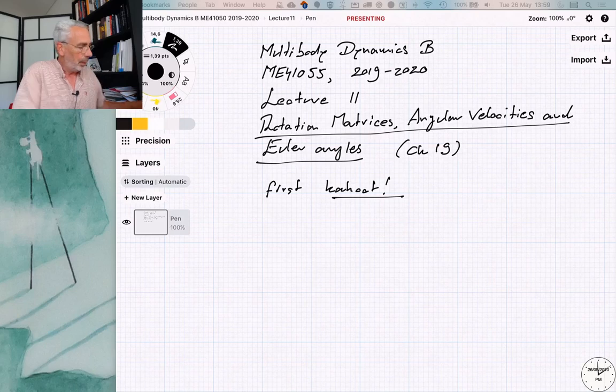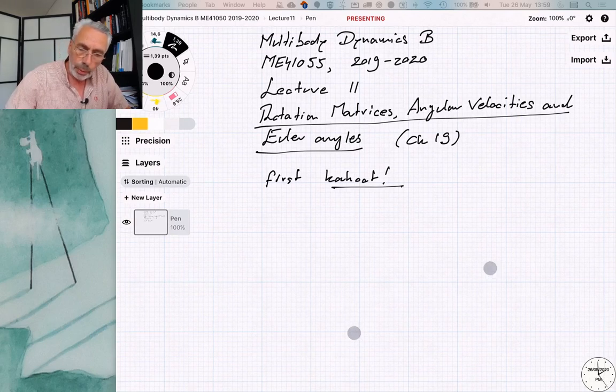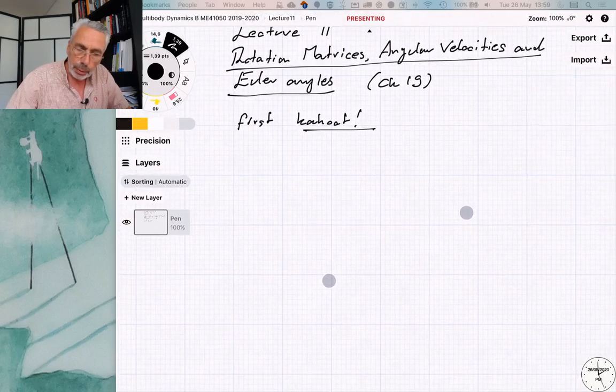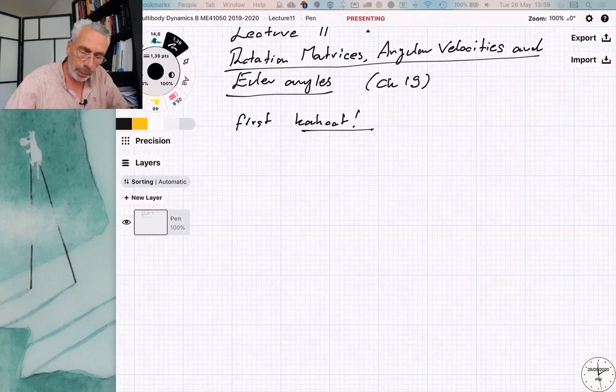So, if we look at the text here, we're going to talk about rotation matrices, angular velocity, and Euler angles. So let's recall where we came from last week. We had some coordinate system, some inertial system. Usually we use capitals, but that's not necessary.